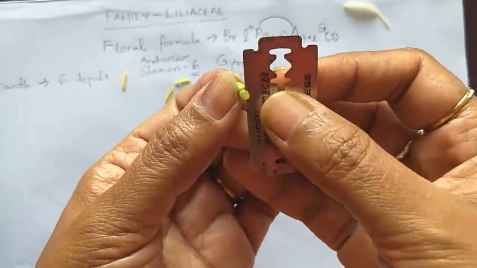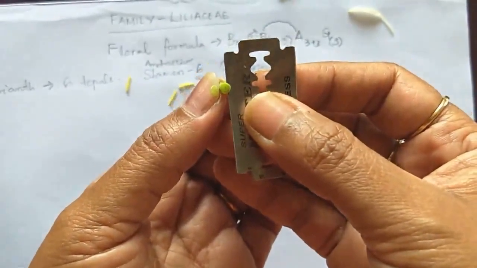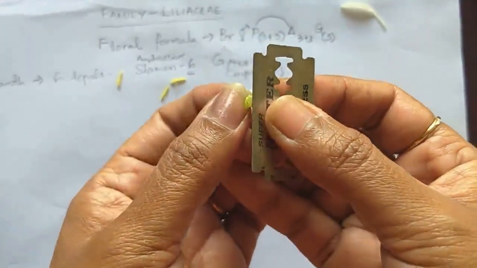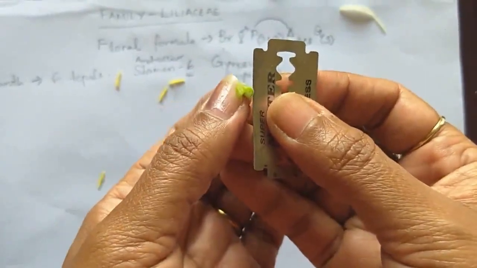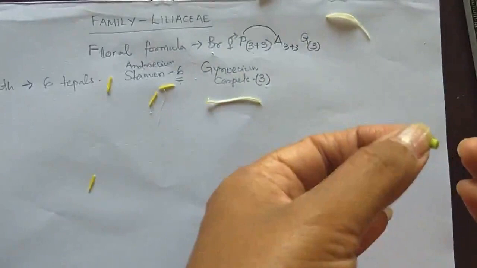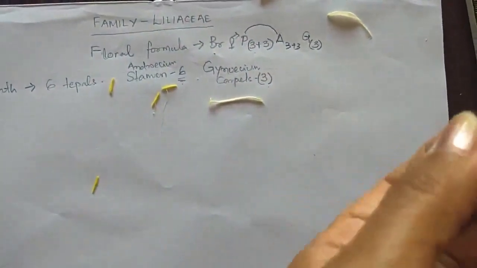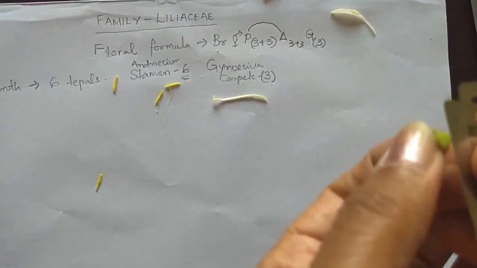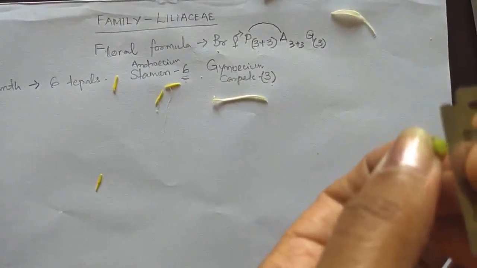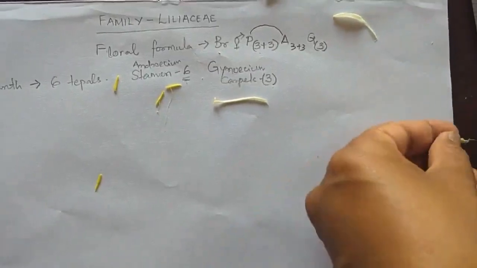Make the thinnest possible section you can, to find out that the ovary is trilocular.